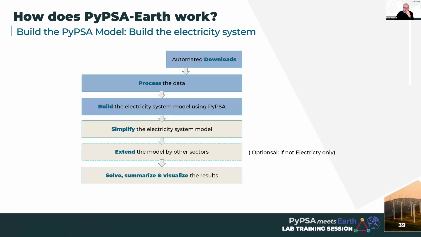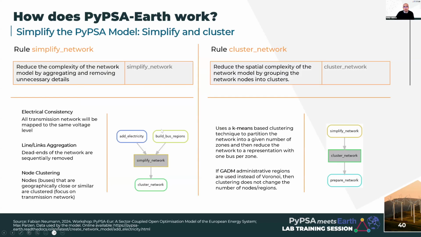Now we need to simplify this in order to be solved. Then we need to extend the model to be sector coupled and then solve the model. Now there are two rules: the rule simplify network, and the rule cluster network. With simplify network, we reduce the complexity of the network by aggregating and removing unnecessary details, for example, links and lines that are dead ends in the network.